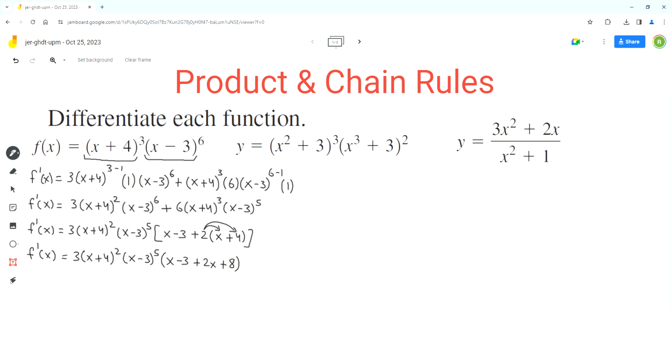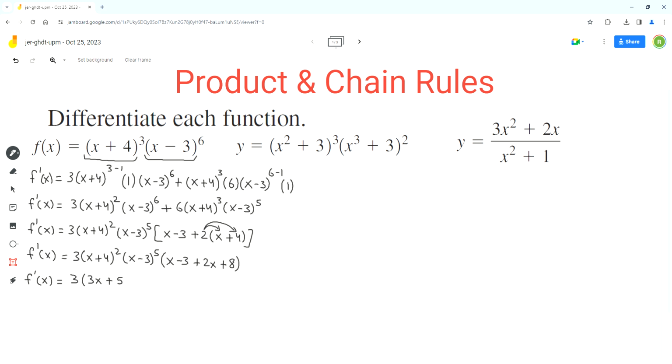Now we can combine like terms in the last parentheses to get the final answer for the derivative of this function. So we can start with 3, and now we can write the last parentheses first because in that parentheses the exponent of x is only 1. So we get (3x plus 5).